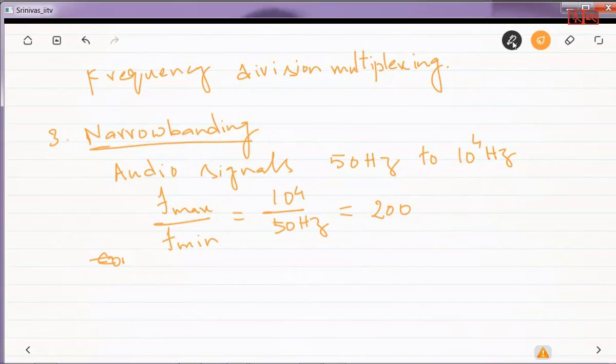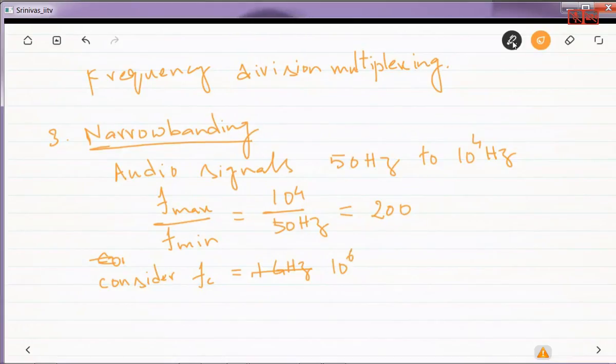Consider translating this to 1 gigahertz. Maybe it's simpler if you take 10 power 6 hertz, so 1 megahertz, right?